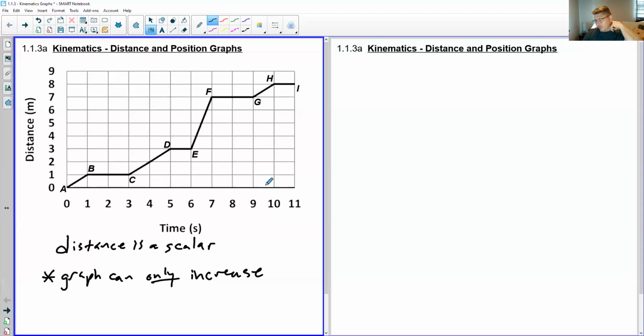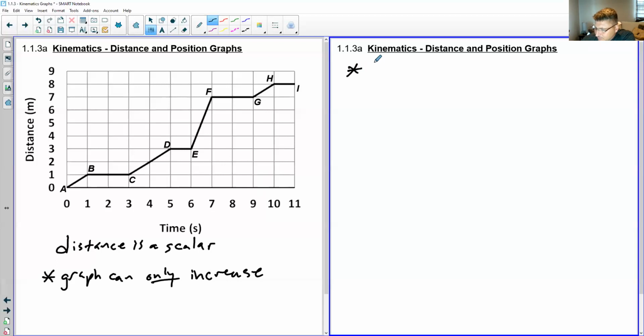So what can we get from this? Well, you can tell how much distance has been traveled at each point. You can also tell the distance between points.